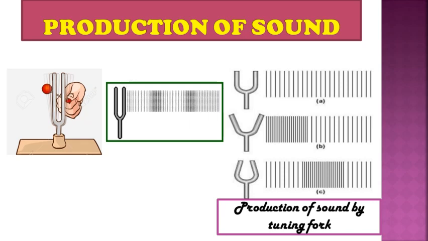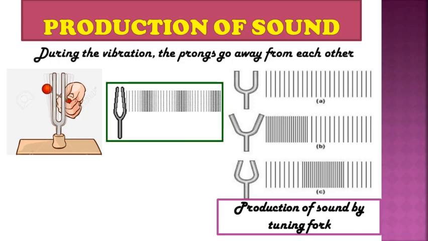After striking the prongs with any object, they start vibrating, which means they are set into periodic motion. Periodic means they will vibrate at regular intervals, in forward and backward direction.